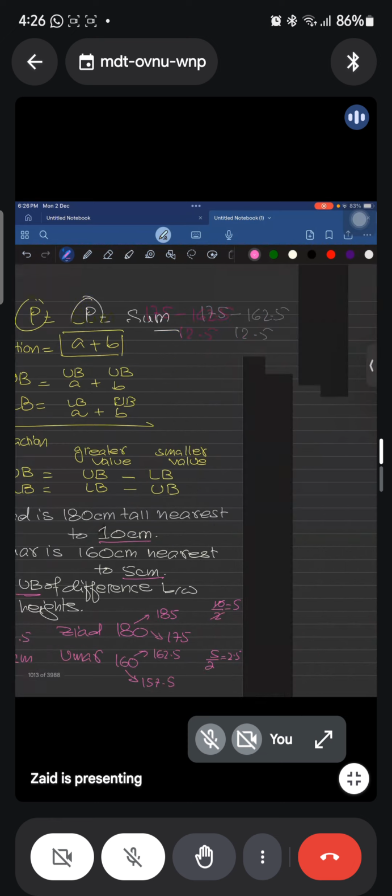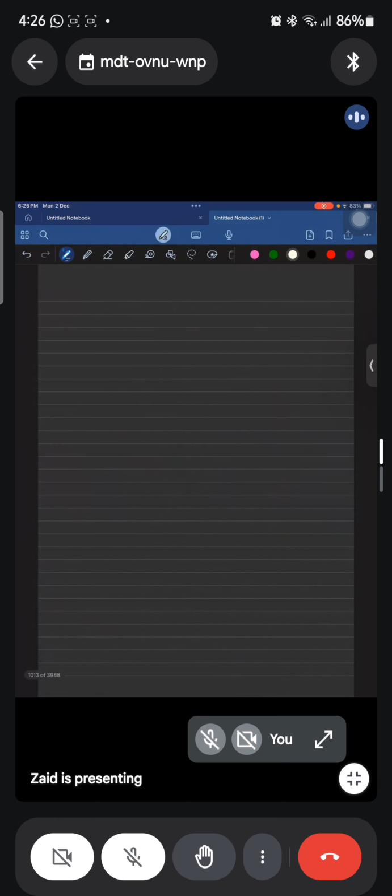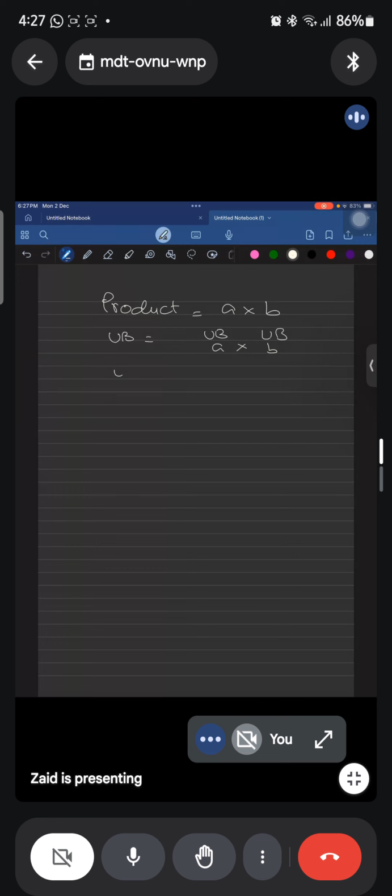Case number 3 is when we are multiplying two values, when there's a product. If you're supposed to find the upper bound, take the upper bound of the first value and the upper bound of the second value. It's easy peasy. And for the lower bound, lower bound and lower bound. For addition and multiplication, upper bound and upper bound, lower bound and lower bound.